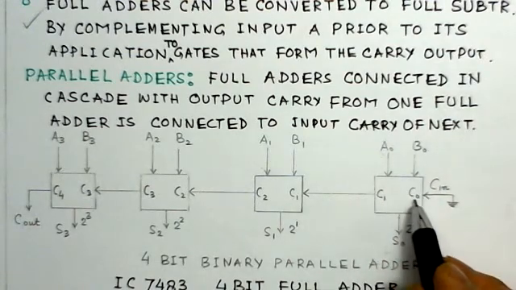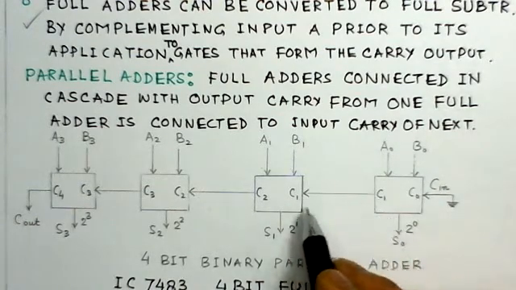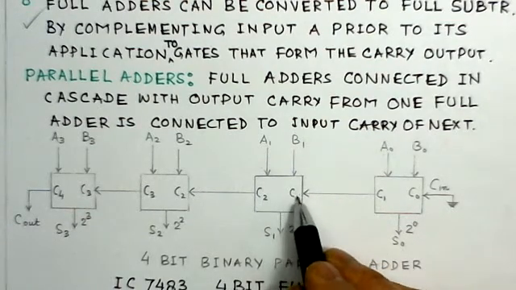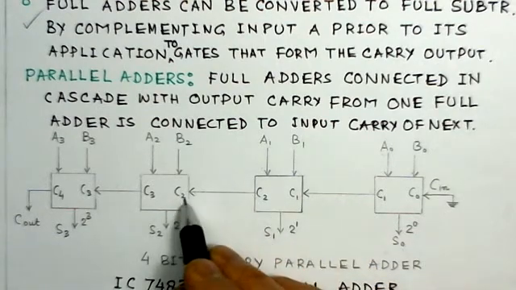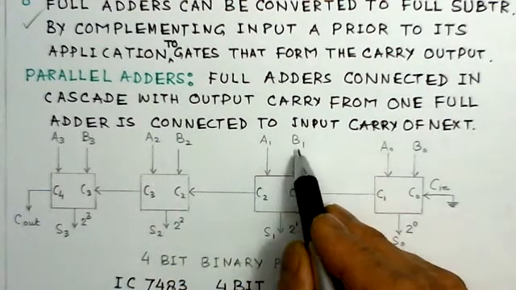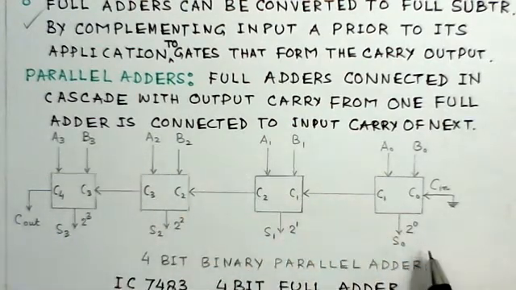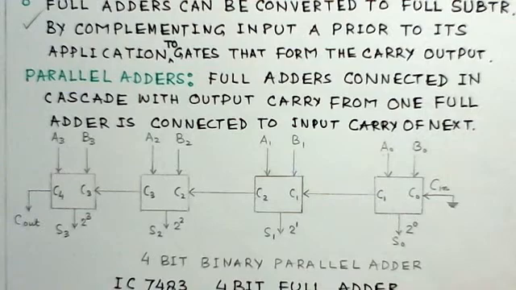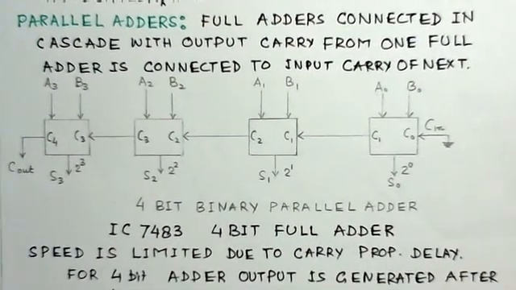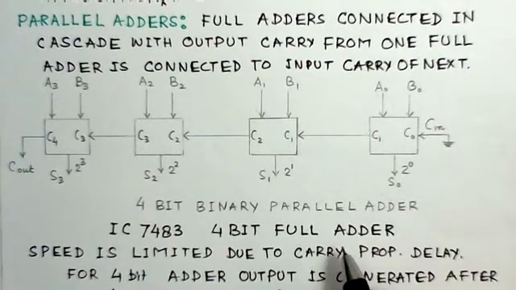There is a carry output C1 here, then C1 is fed to the next significant digit, then C2 to C3, this carry in and this carry out, and these are corresponding inputs to these. So this is a 4-bit binary parallel adder. This IC indicated here, IC 7483, is a 4-bit full adder.